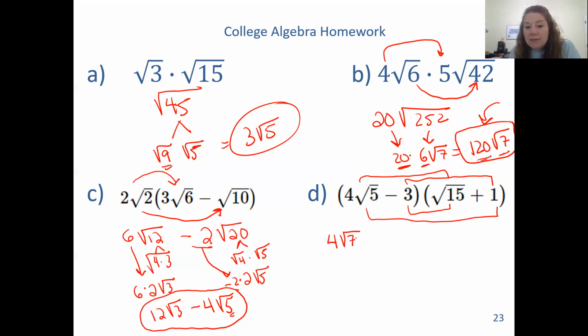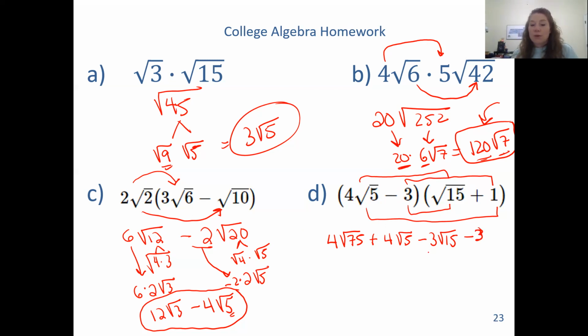Now we're going to do the outside terms. 4 square roots of 5 times 1 is 4 square roots of 5. Inside terms, negative 3 times square root of 15 is negative 3 square roots of 15. And then finally, negative 3 times 1 is minus 3.